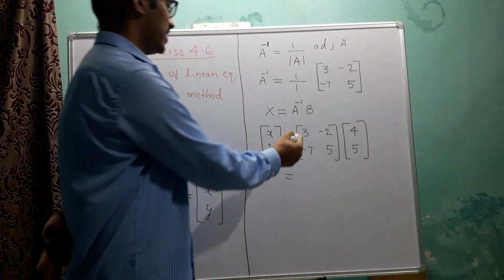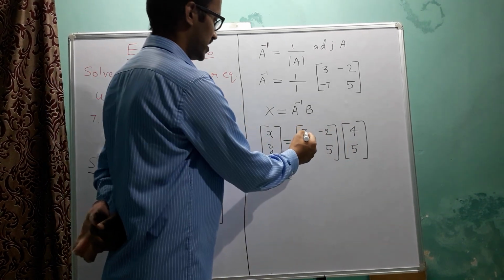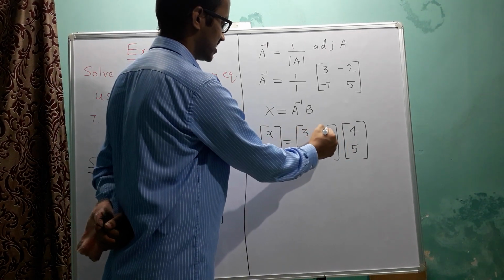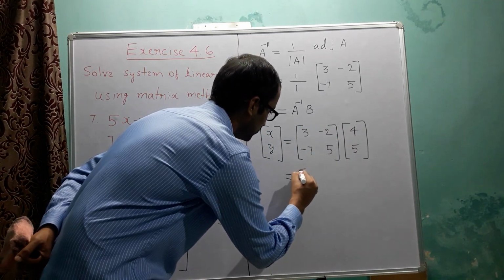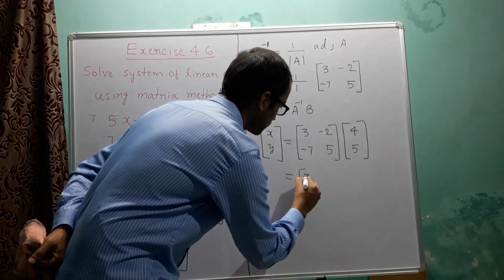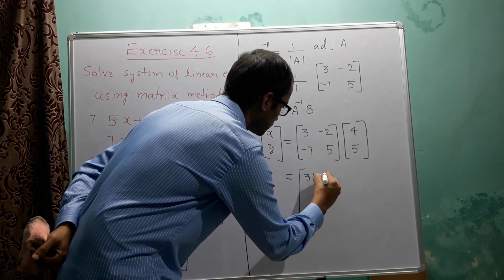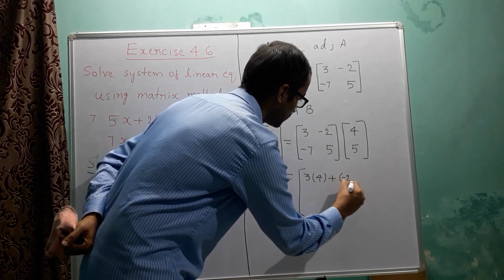So now multiply these two matrices. If you multiply the corresponding elements of the first row with the first column, we obtain 3 into 4 plus minus 2 into 5.